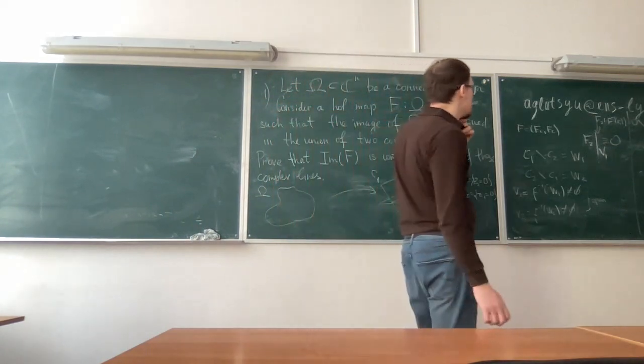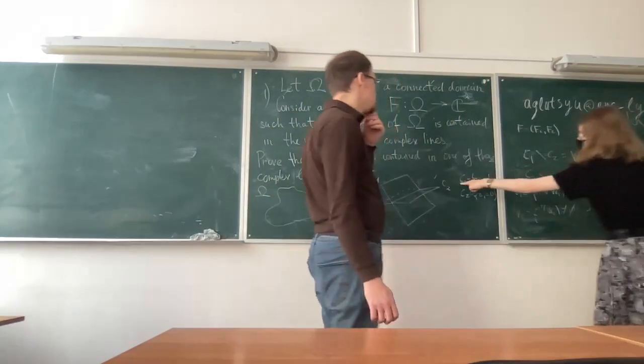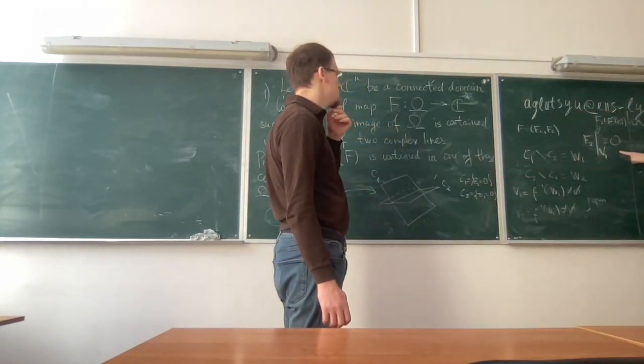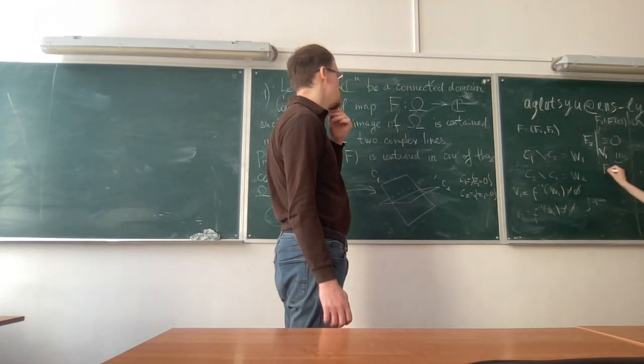So when you write down F2 is 0, do you mean that you introduced new coordinates? Yes, exactly, C1 is Z2 equal to 0. Then that's an open subset inside omega where F2 is equal to 0, then F2 is equal to 0 everywhere.